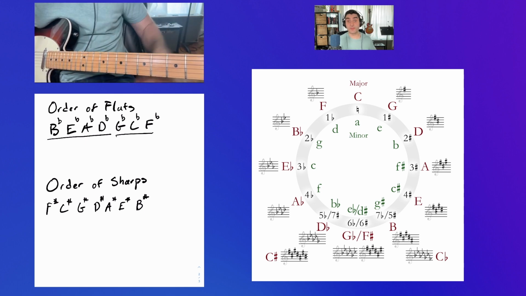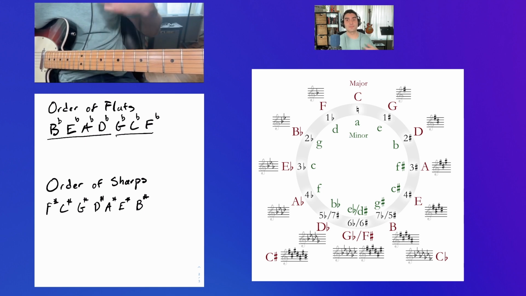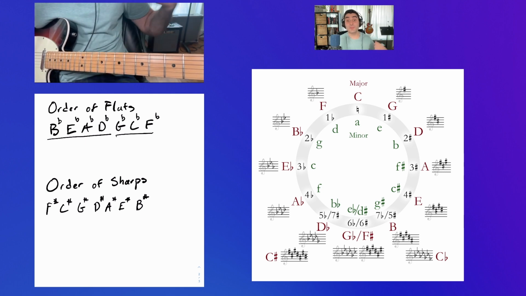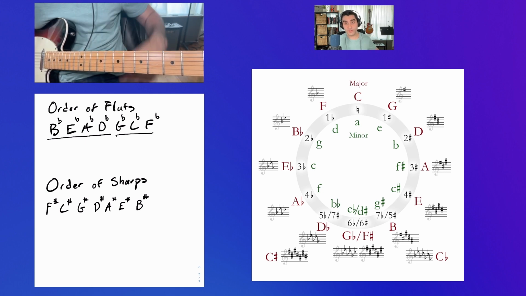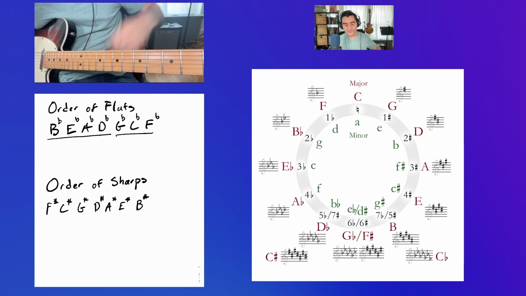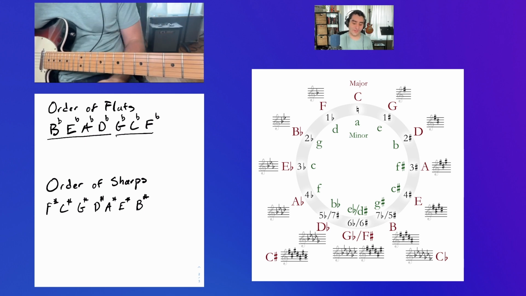There is such thing as E sharp and B sharp, but there's another name for E sharp, which is F. And there's another name for B sharp, which is C. But sometimes conceptually, when it comes to getting some of these keys, there might be some annoying E sharps and B sharps in there. That's a discussion for another video.